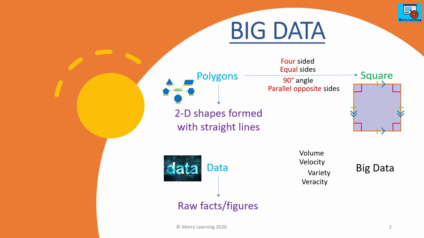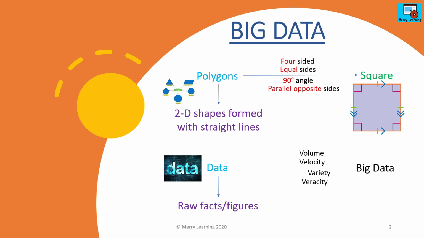This volume, velocity, variety and veracity are usually referred to as the 4 V's of big data. Here, I have only listed down the characteristics, but not the qualifying factors. Like, for square, the characteristic is sides, while the qualifying factors are 4, equal, parallel, opposite, angle is the characteristic, and its qualifying factor is 90 degrees.